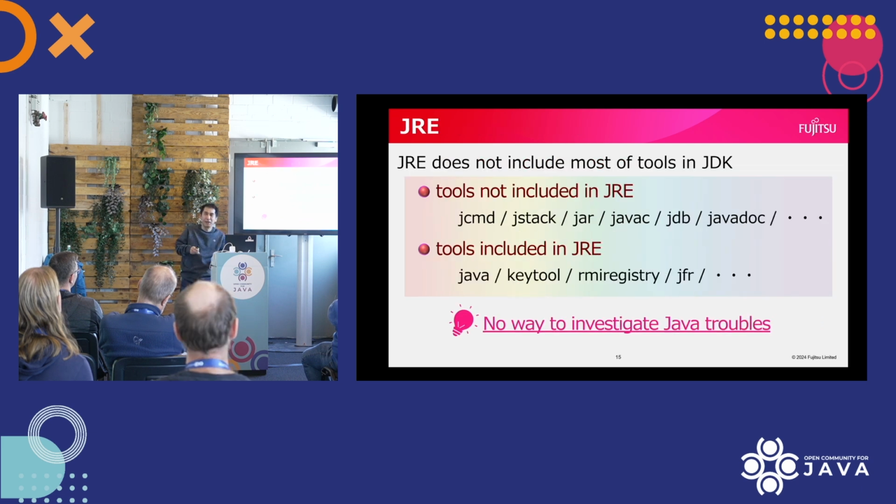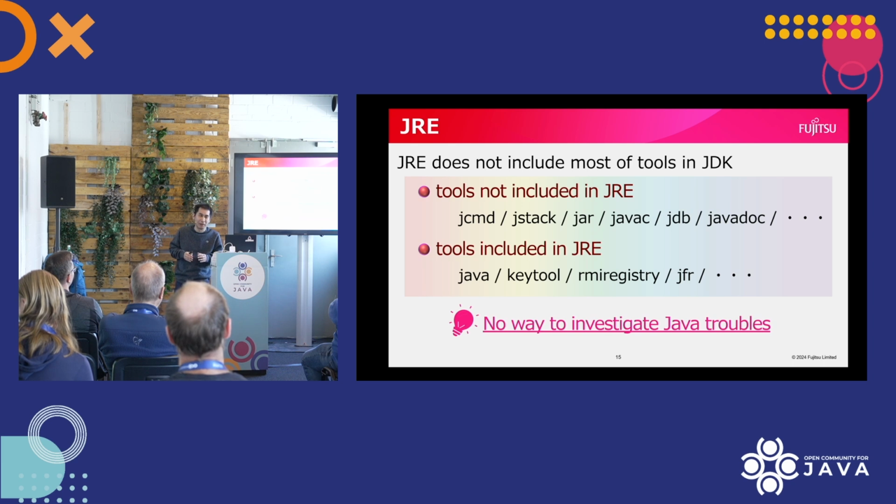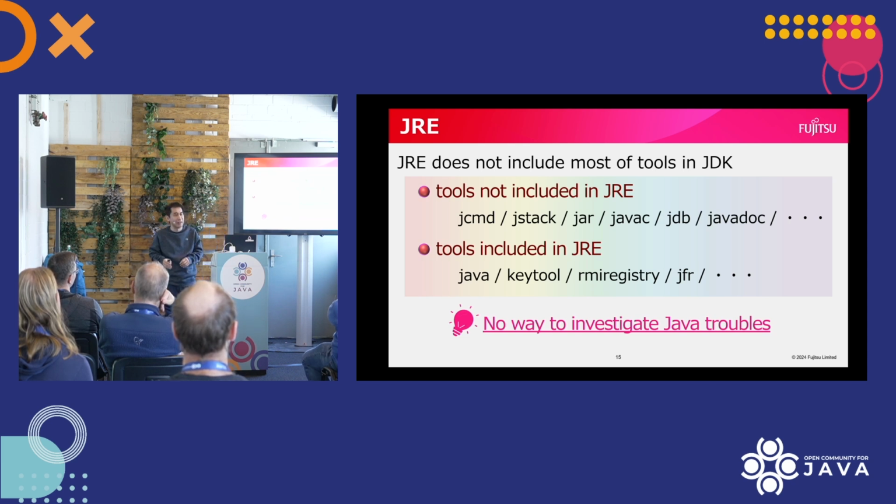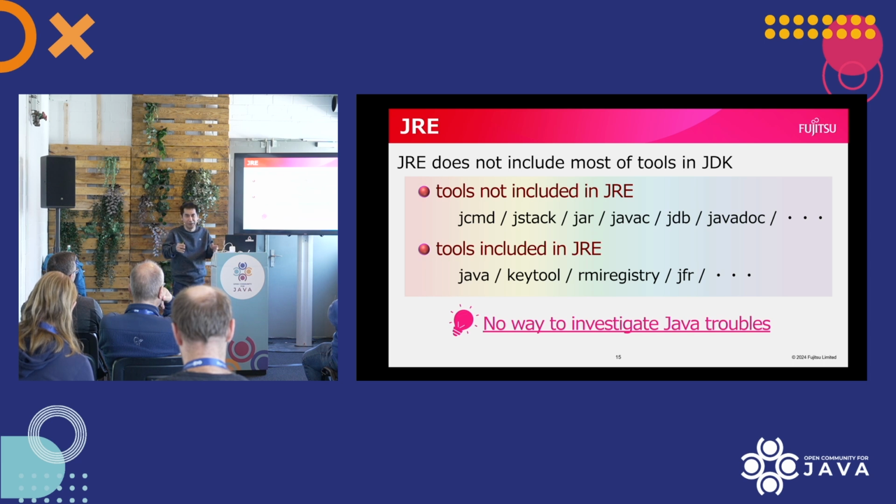And JRE is also a good way to create a small size of Java containers. But JRE does not include useful troubleshooting tools, which are always found in JDK, such as jcmd, jstack, or jdb. So again, when trouble happens in JRE image, you cannot investigate any Java-related trouble.